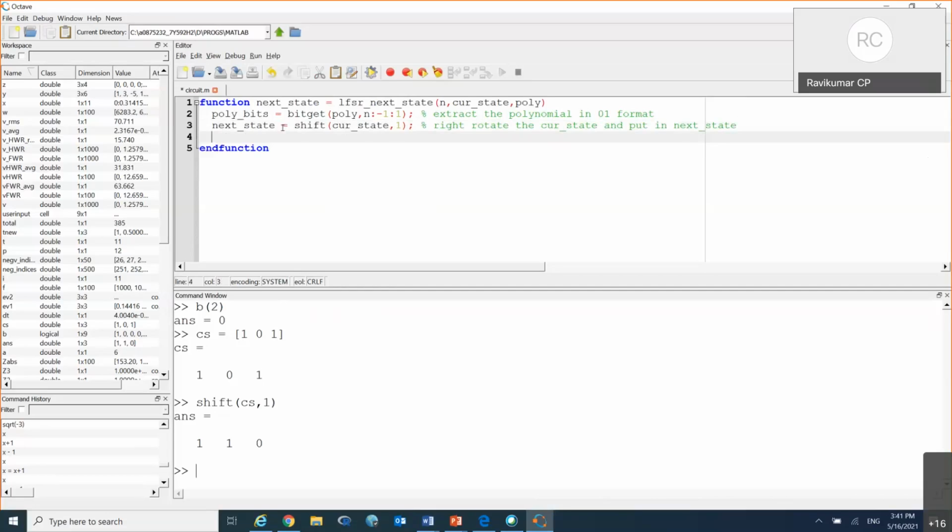Now we have done that. But what do I do? How do I get this bit? That bit, okay, I have to sample those bits which correspond to these ones and zeros.